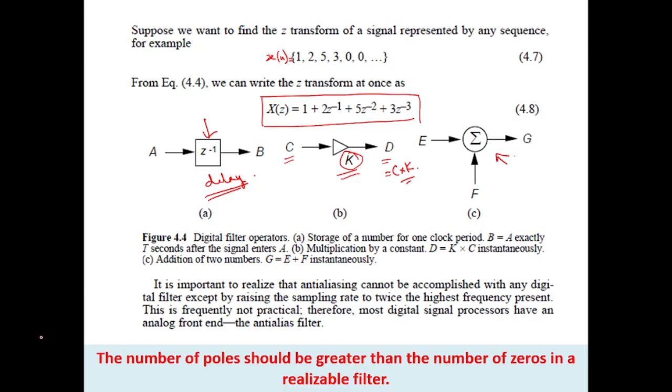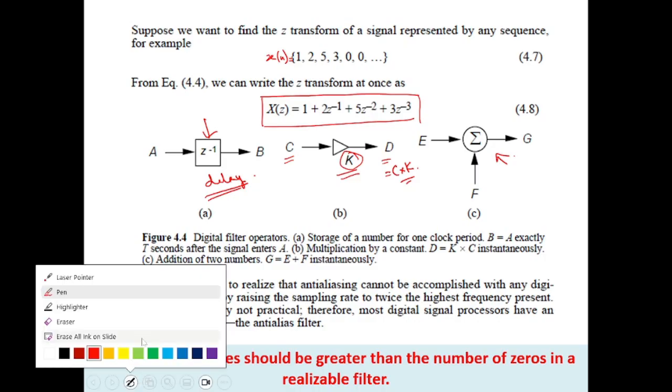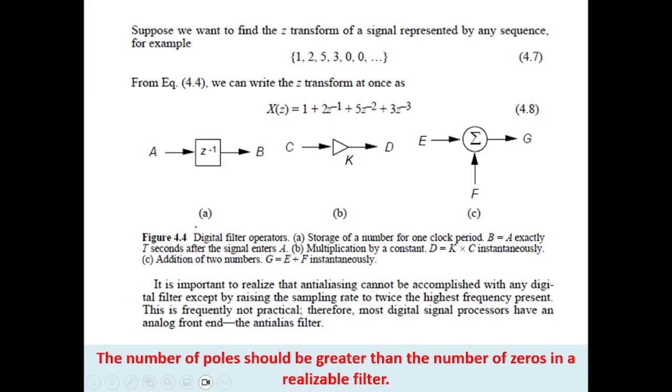Now in this case, say for example, we have x of n, and this is H(z), which is given by 1 plus 2 z inverse plus 5 z to the power minus 2 plus 3 z to the power minus 3.